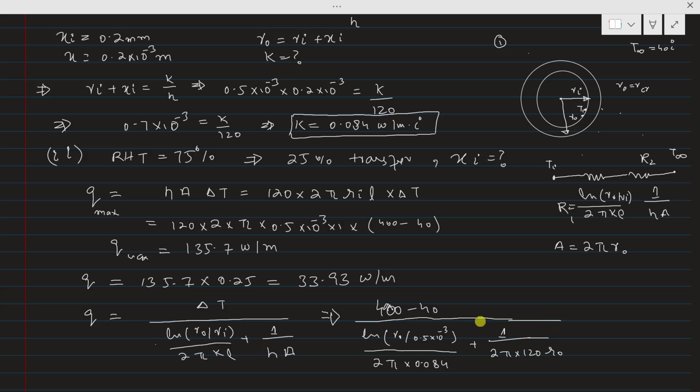This whole value is equal to the heat transfer, that is 33.93, and we are interested to find the R0 value. For this we will write this whole equation in the calculator and then solve it for R0. So let me open the calculator for you.